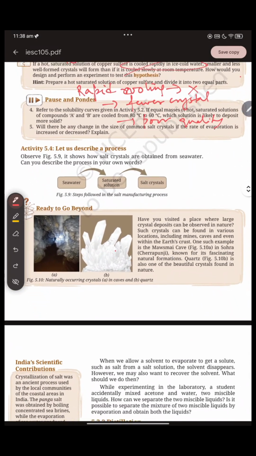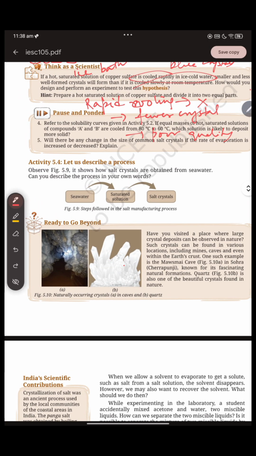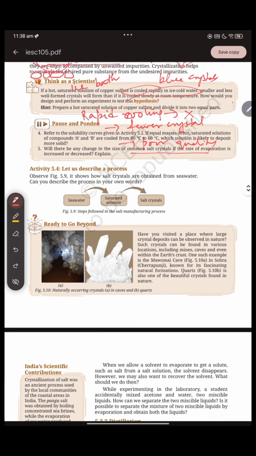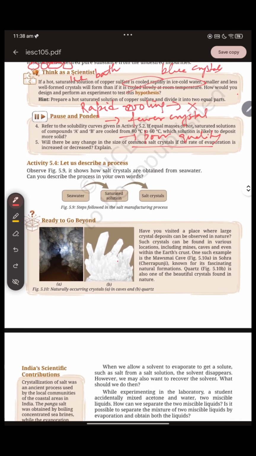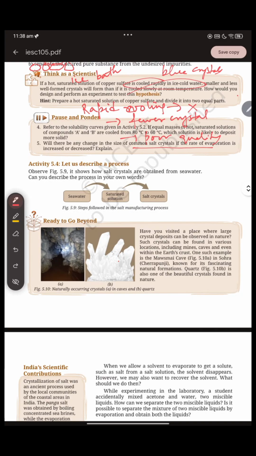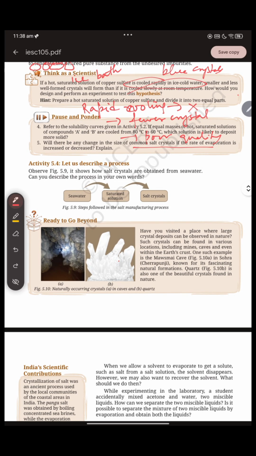Here another thing. Will there be any change in the size of common salt crystal if the rate of evaporation is increased or decreased? Yes, it will be. The rate of evaporation increased or decreased will actually cause the change in the size. The evaporation should be done at a higher temperature in order to obtain a saturated solution. Obviously, if you cool from 80 degrees Celsius, it will give a good quality crystal than if you cool at 60 degrees Celsius.